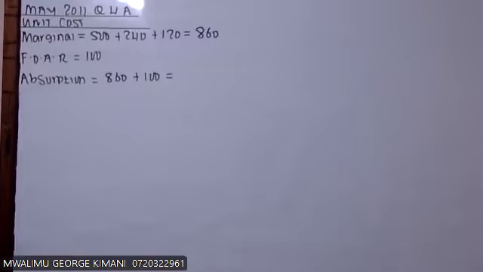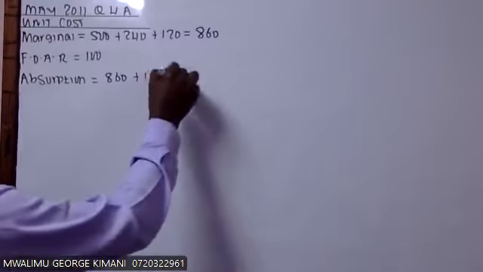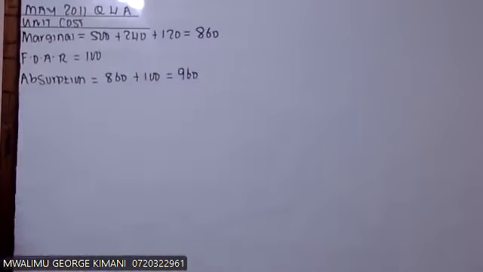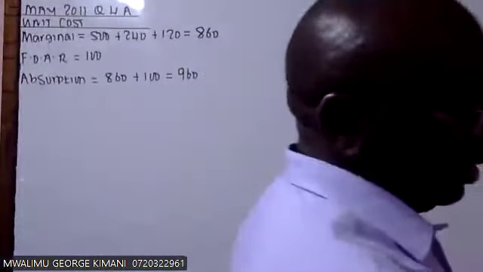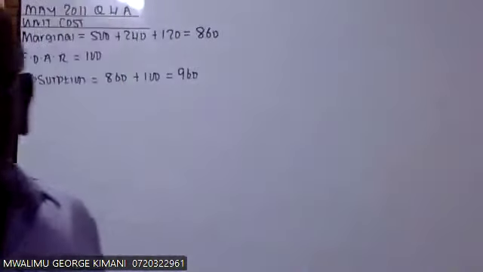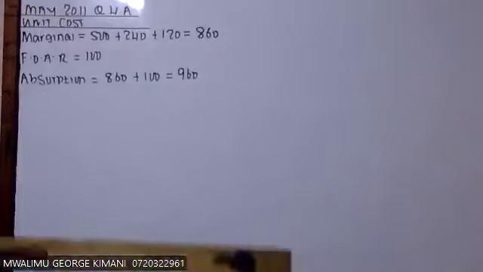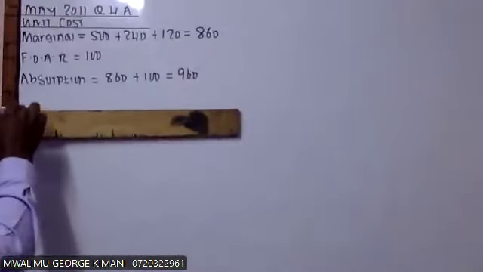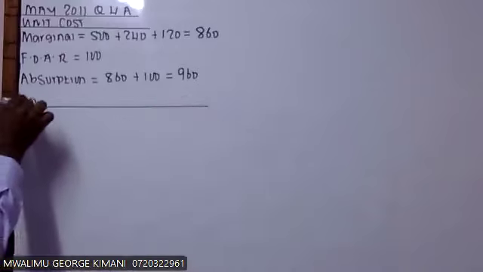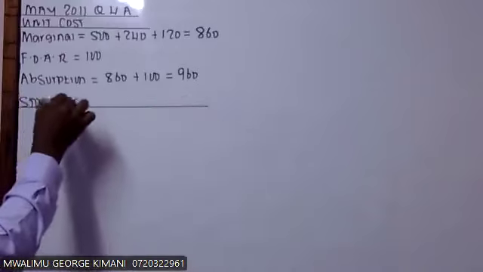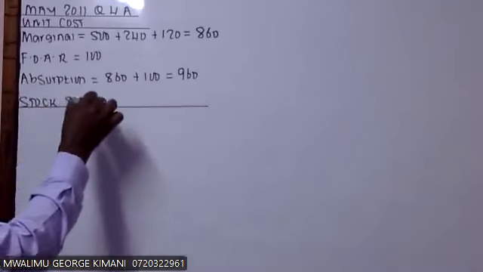That obviously is 960. So that is the first item that you must always seek to have. The second item that you must seek to have is called the stock schedule.